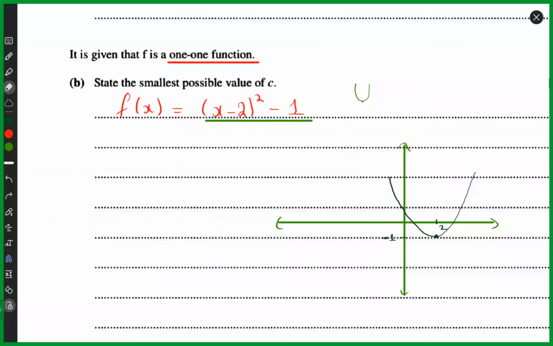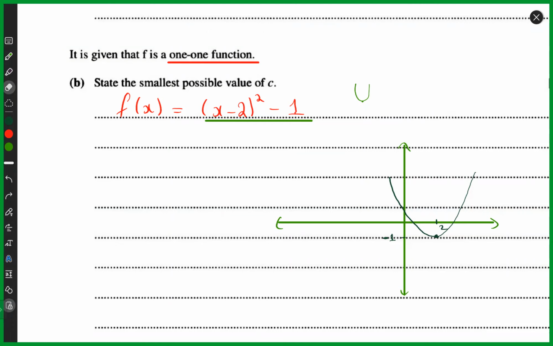When it is doing at more than 1 point, it's certainly not a one-to-one function. And the same logic is used for inverse functions as well, because the underlying idea about inverse functions is that the inverse of a function exists if it is a one-to-one function.